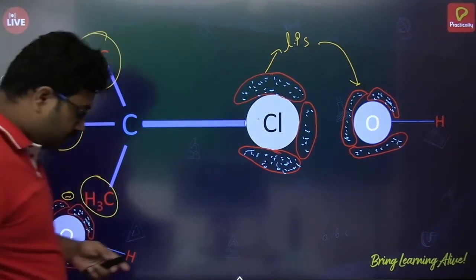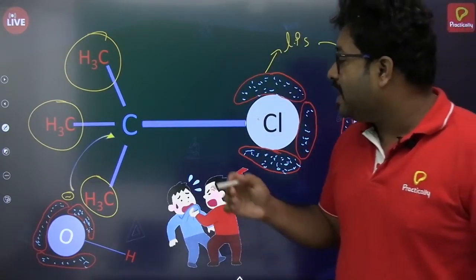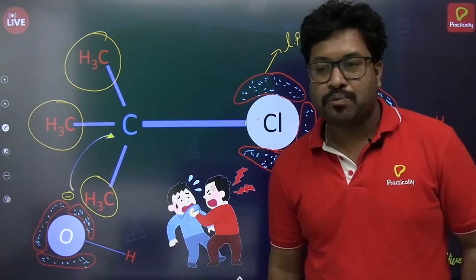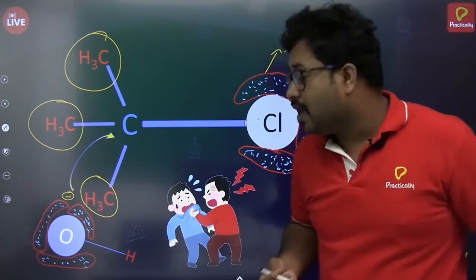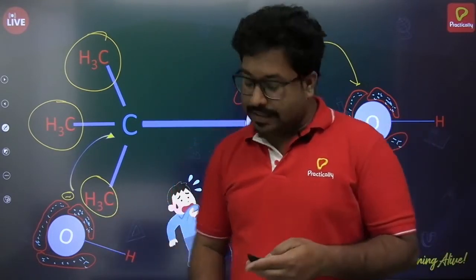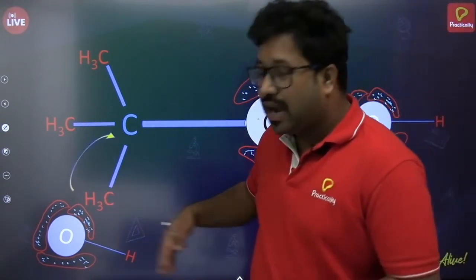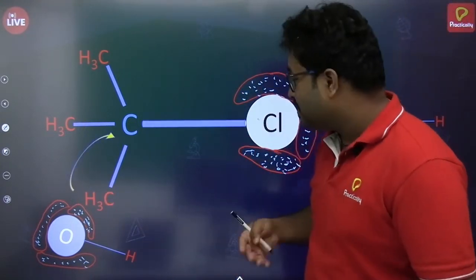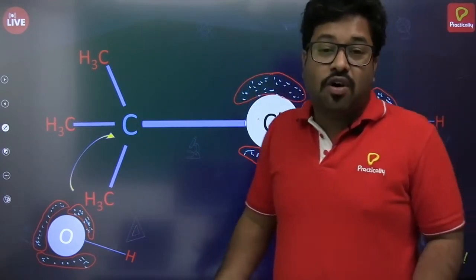When oxygen tries to attack, it finds it very difficult because there is no place. There is a steric repulsion between these groups and these groups also. That is why I have shown you the fight between these groups here as well.